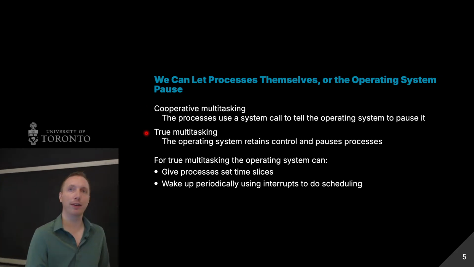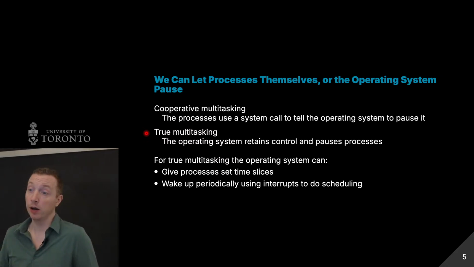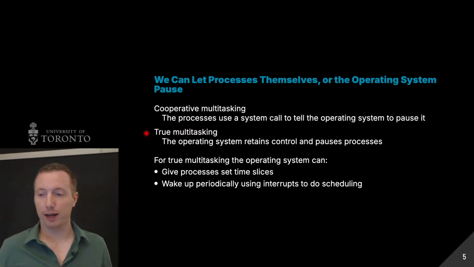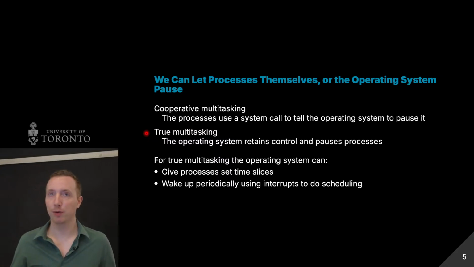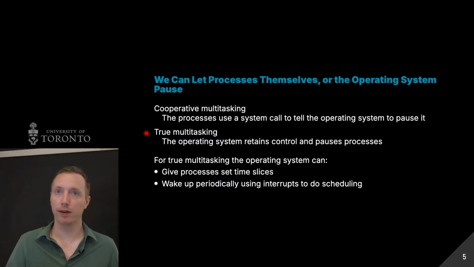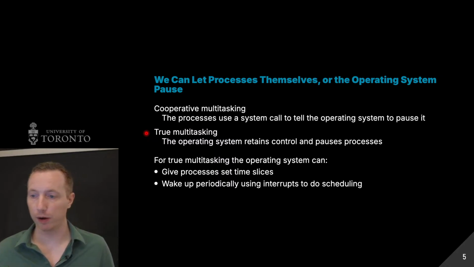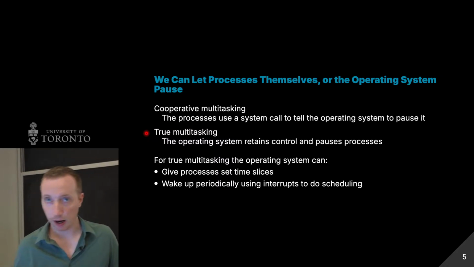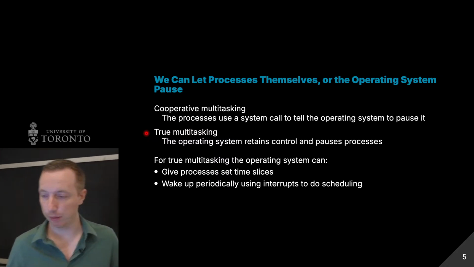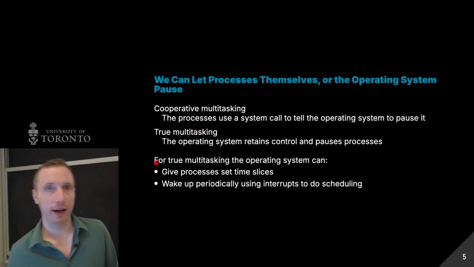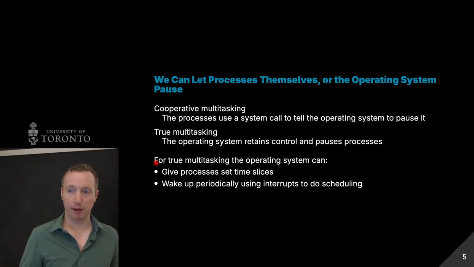So most operating systems now are examples of true multitasking. The operating system maintains control and it pauses processes. You don't get a say whether or not you get paused. That is how your kernel actually works. For true multitasking, you have some options in order to maintain control.